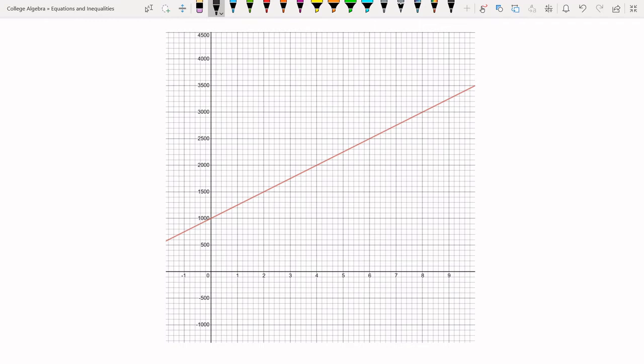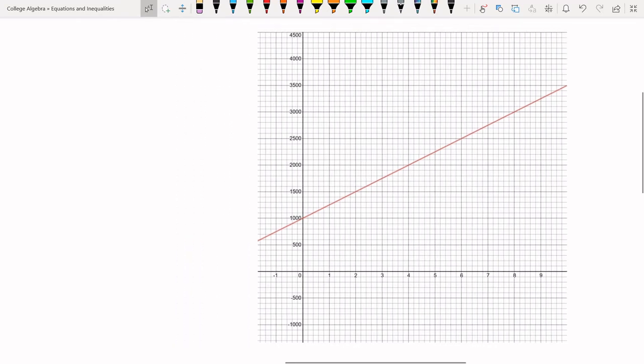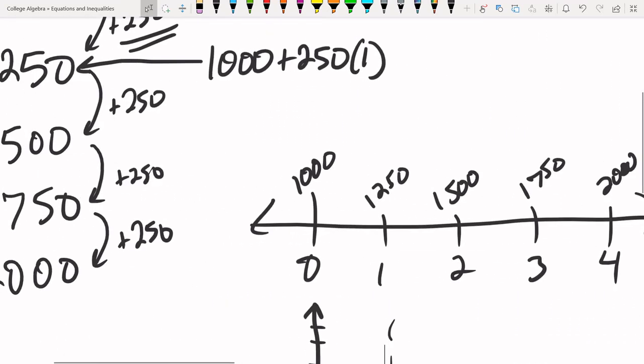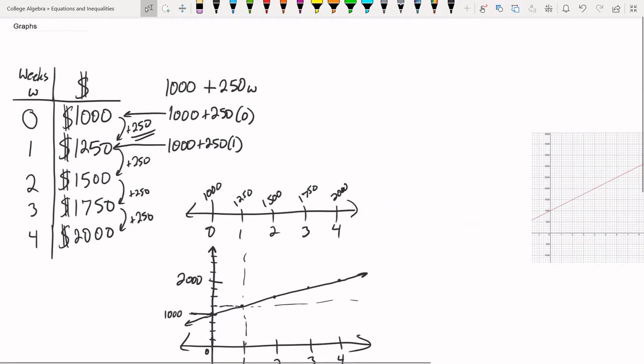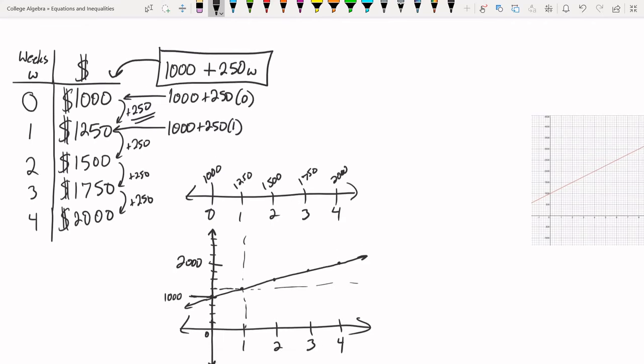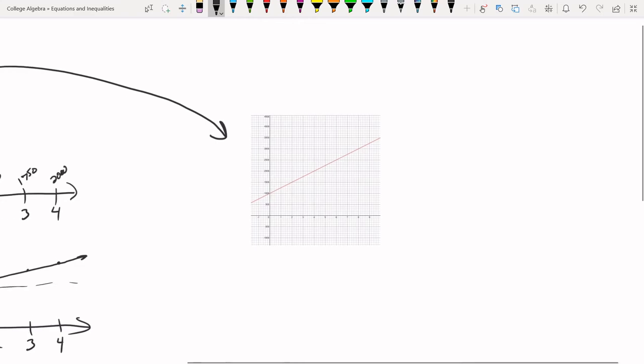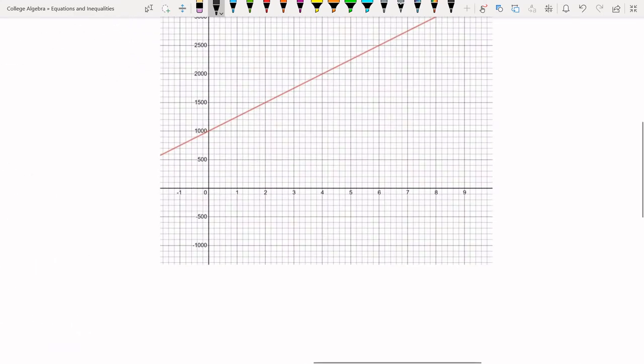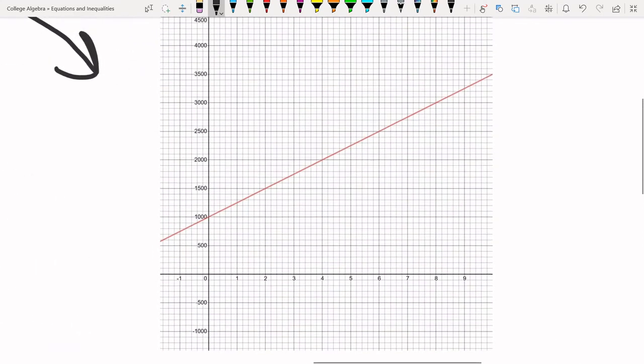Now, there are a lot of interesting ideas about this, but probably one of the most significant is the idea that we took this linear relationship, which had a table of values, and we created from it a geometric figure, one that is not algebraic.